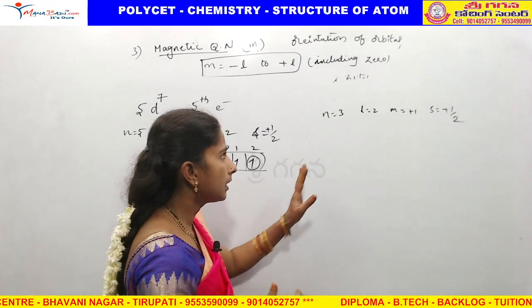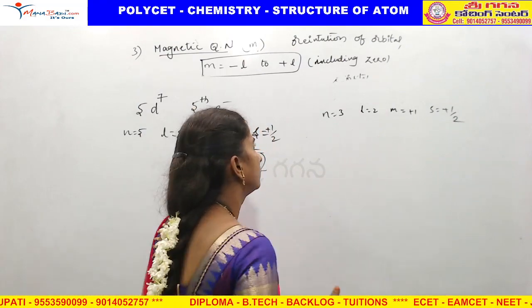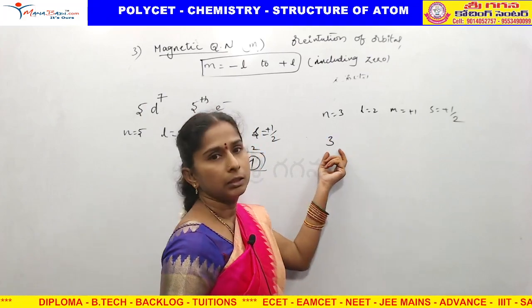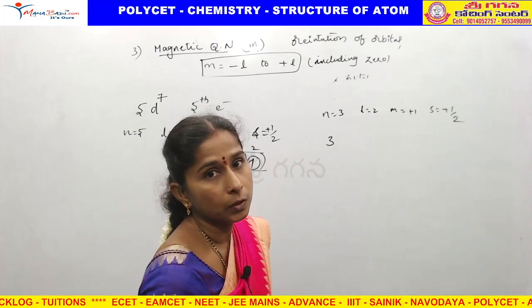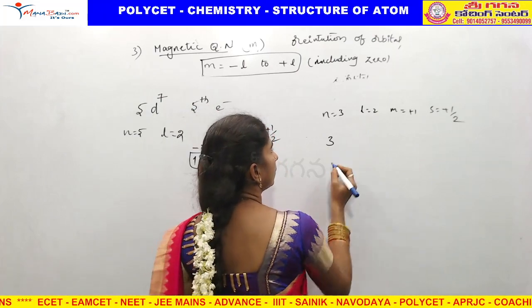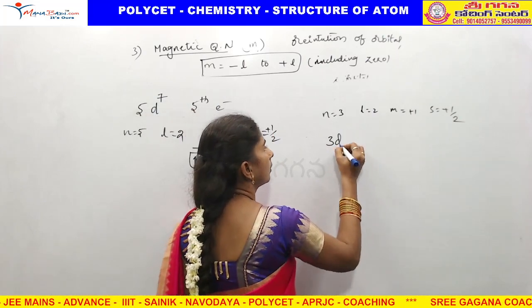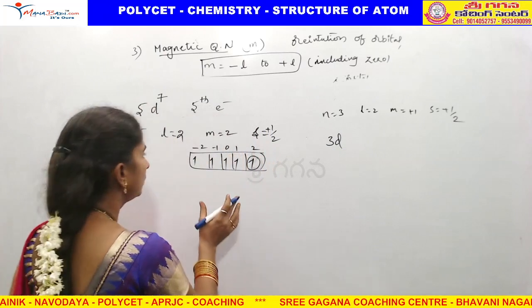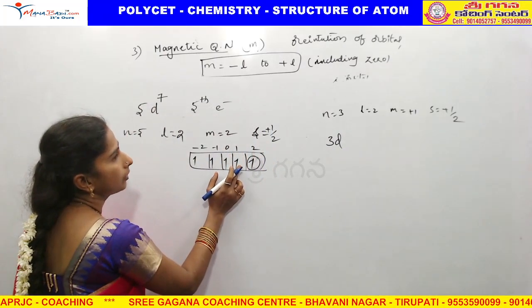Now this is an example they gave. By using these values, you need to write the orbital. 3 shell, right? L value 2. L value 2 means which one? P orbital, right? Huh? s 0, p 1, d 2, so D orbital.